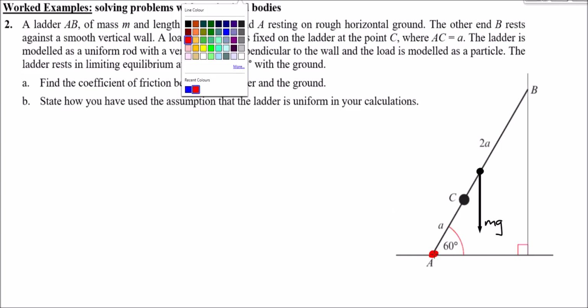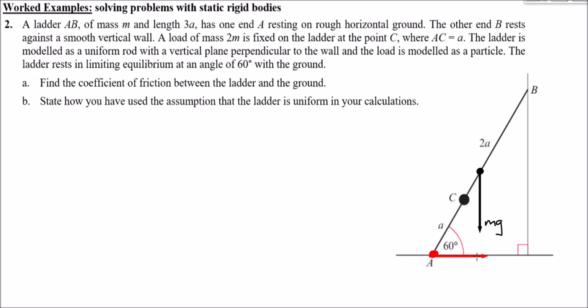The friction therefore would be acting in this direction to the right hand side. So that's friction, F. There'll also be a reaction force acting from A, a normal reaction force going up like so. I'll label that RA. Could also label it reaction of the ground if I wanted, but I'll call it the reaction from A.